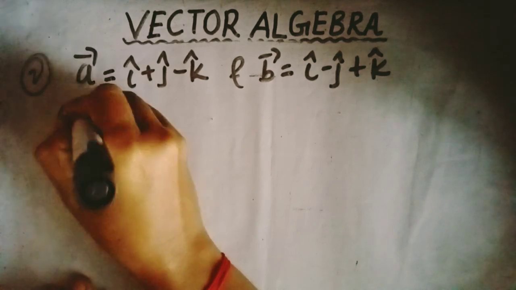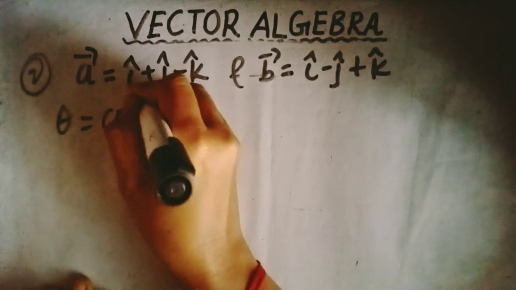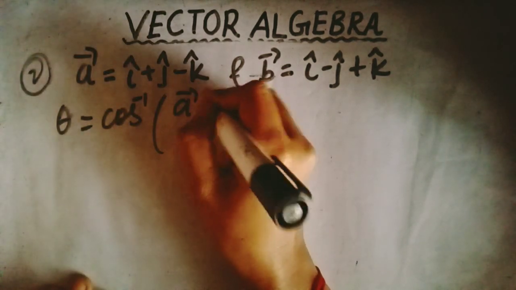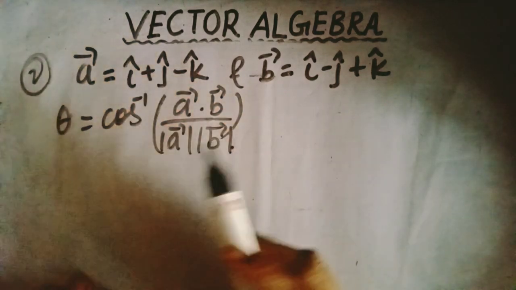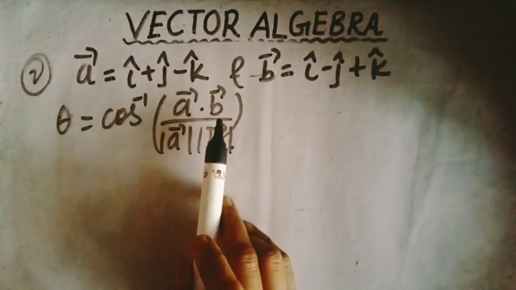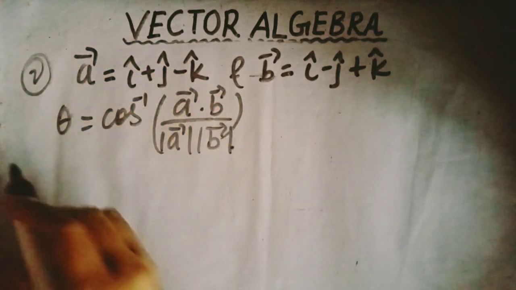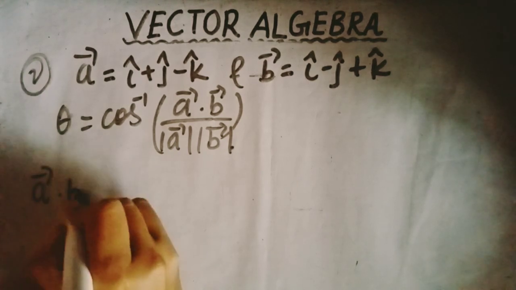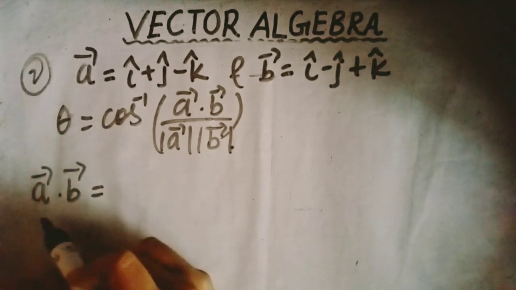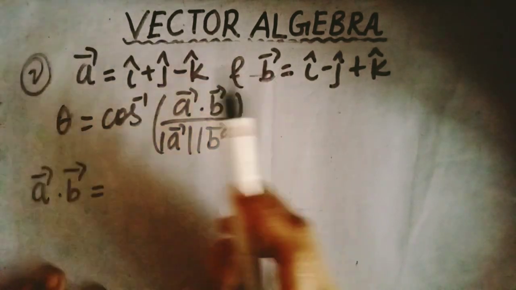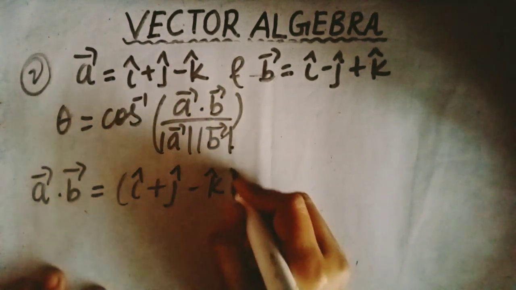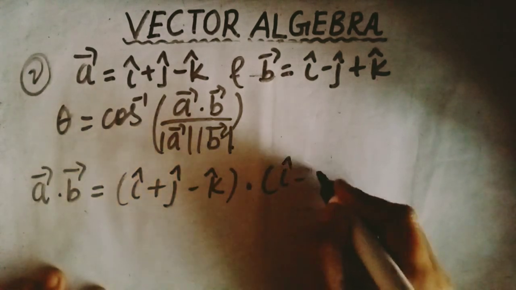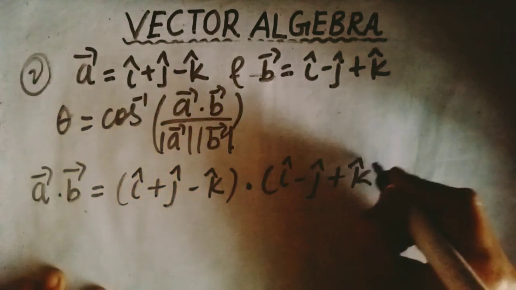So to find theta, you have to make use of cos inverse of A dot B upon magnitude of A into magnitude of B. Now here A dot B is not given, so you have to find the dot product A dot B. For the dot product, you have to multiply the scalar components: i plus j minus k dot i minus j plus k.